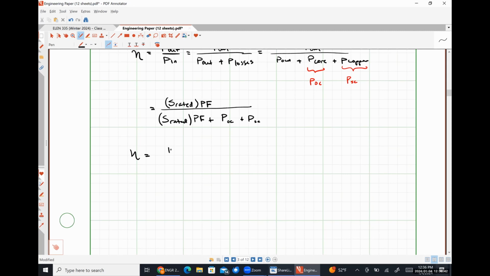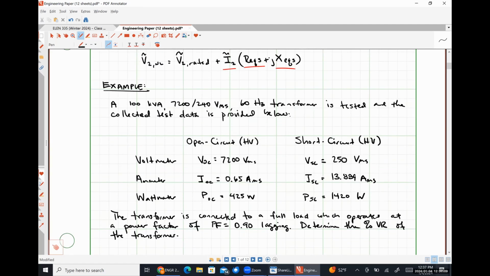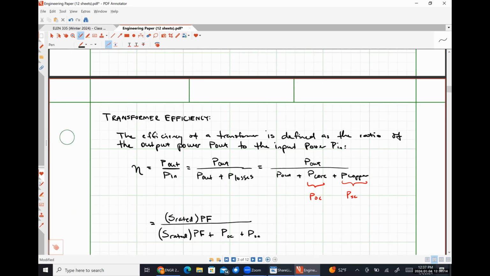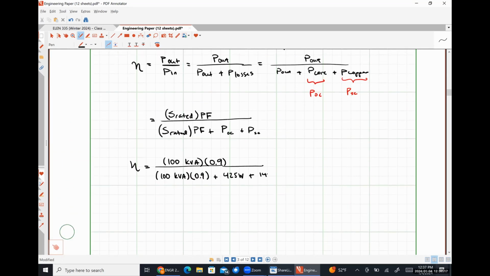So if we wanted to determine the efficiency of the transformer from our previous example, that would be 100 kilovolt amperes times 0.9 divided by 100 kilovolt amperes times 0.9 plus 425 watts for POC plus, let's scroll back up here, 1420 watts for PSC.